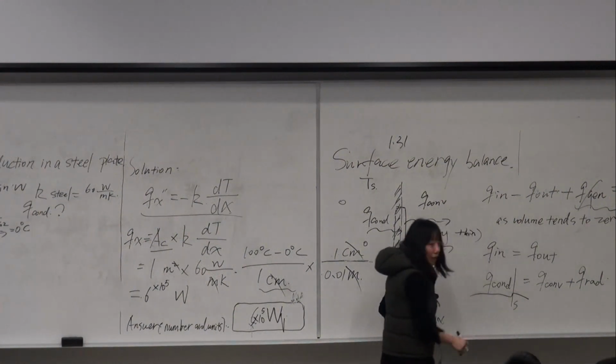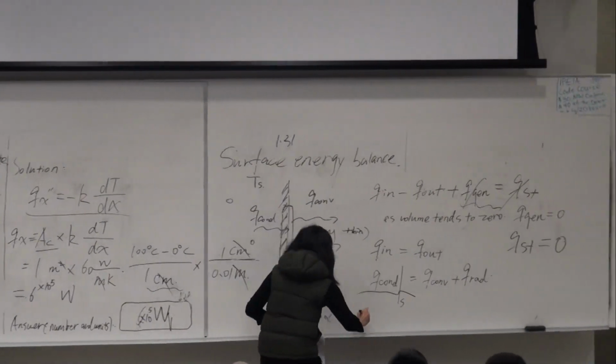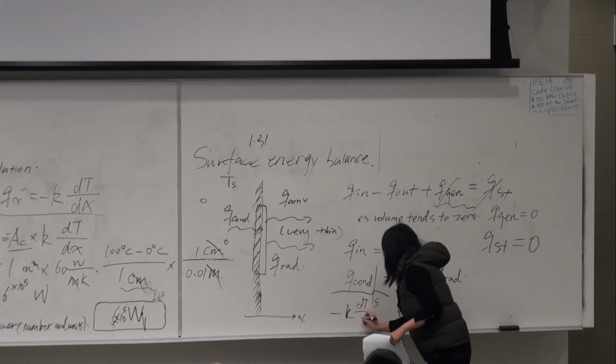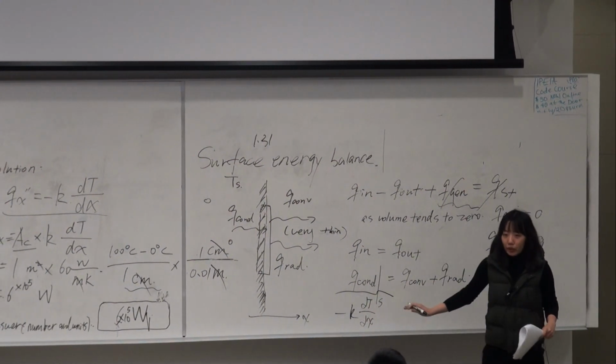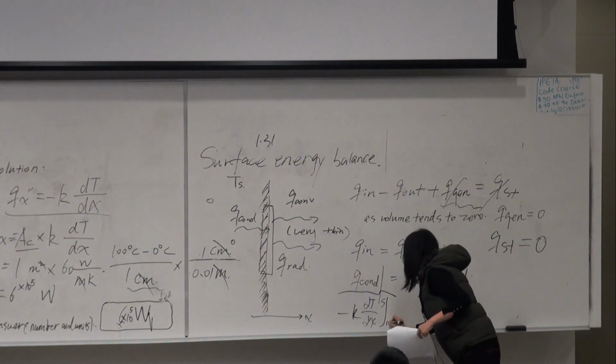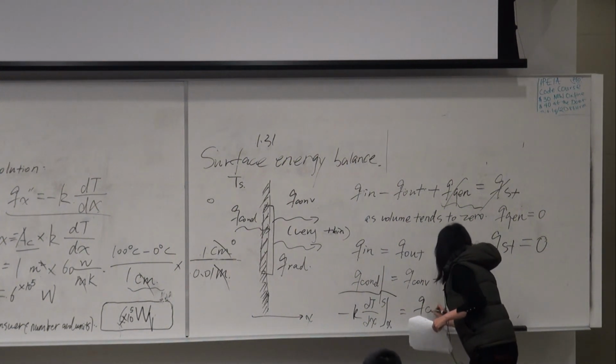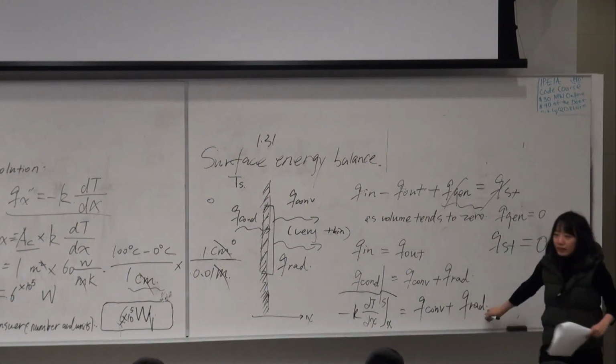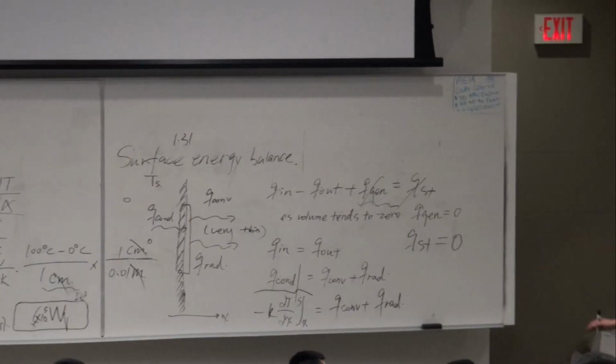Applying Fourier's law, it is simply equal to minus the thermal conductivity times the temperature gradient, but on the surface. That's the energy rate balance on the surface.